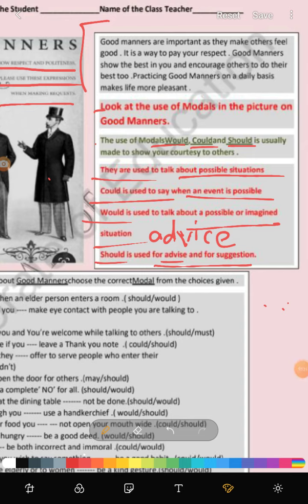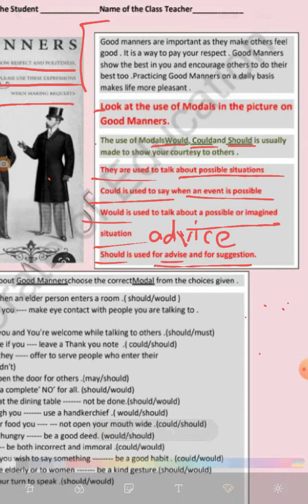Or you say, would you please talk to him on my behalf? And should is used for advice. Then you will say, should you please go and bolt the door for me? So these are some possible situations.